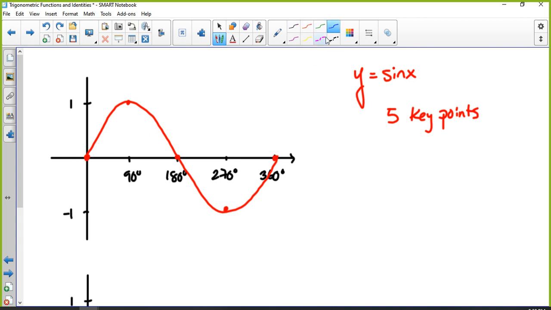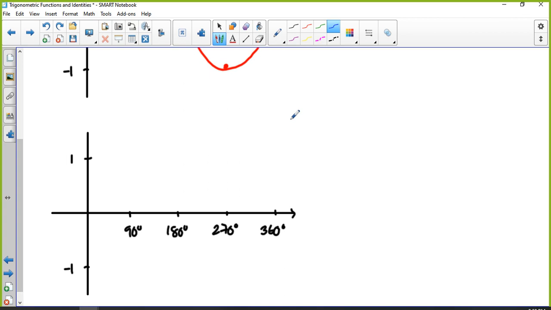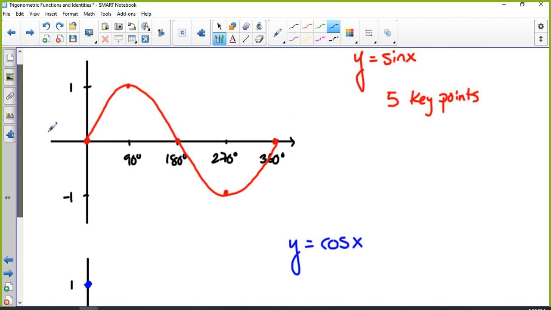Now the graph of y equals cos x is the exact same thing, just sort of shifted 90 degrees. Let's have a look. The graph of y equals cos x looks like this. Rather than starting off at 0, 0, it starts off at the point 0, 1, at its maximum value. The graph of y equals sine x starts off at its mean value right in the middle between the maximum and minimum.